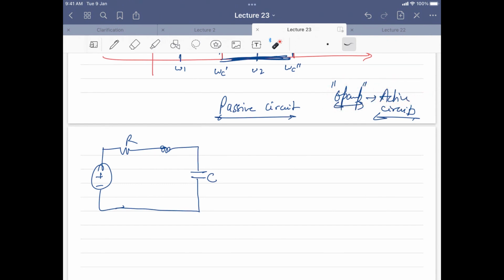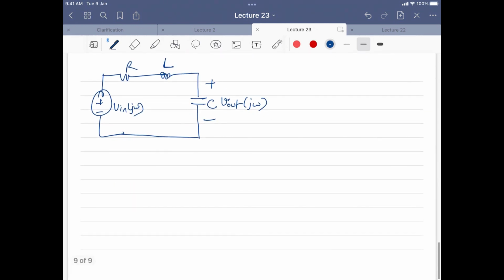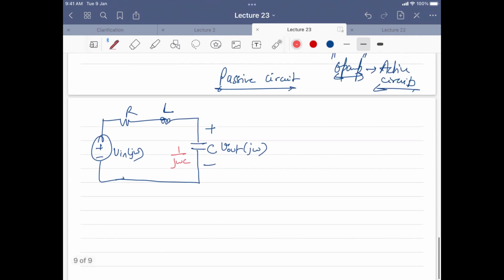So in this particular case, if I want to calculate V out j omega, and this is V in j omega, I think it's very easy, right? This is the impedance 1 by j omega C here.